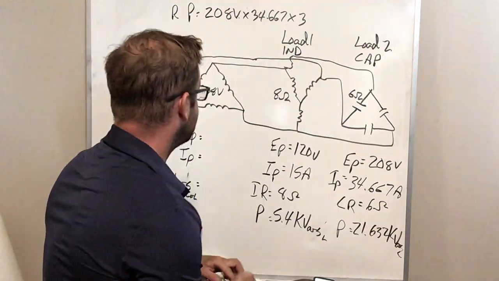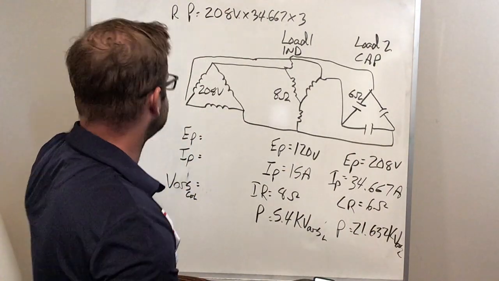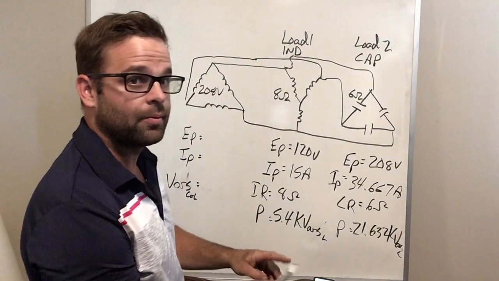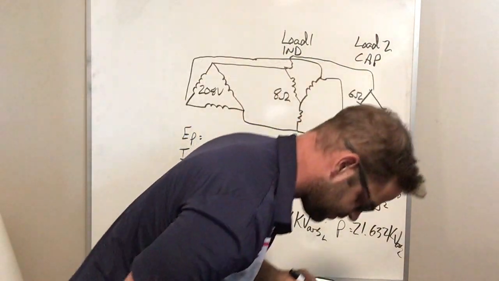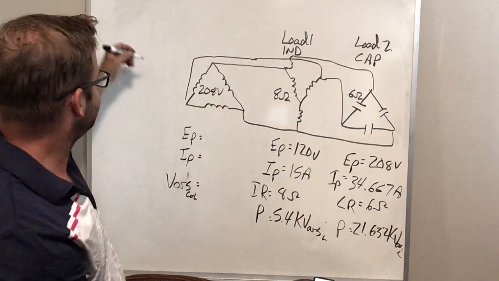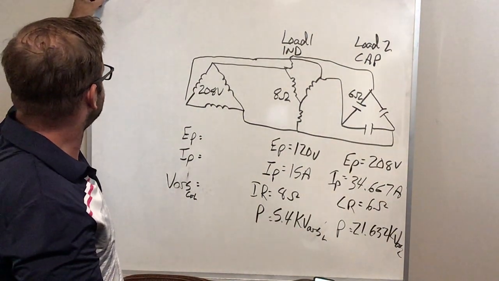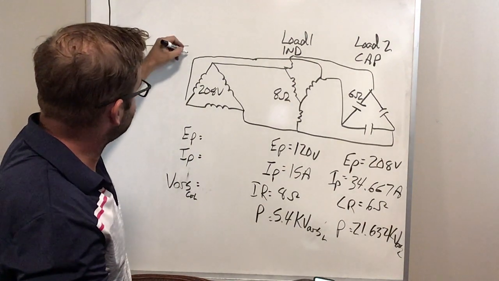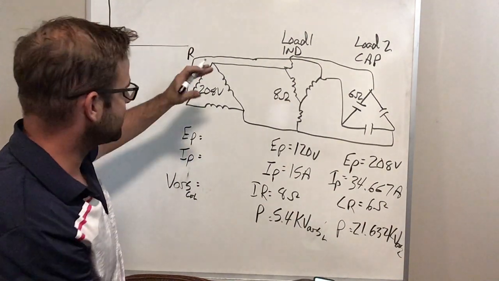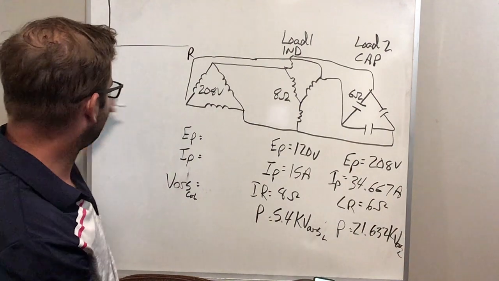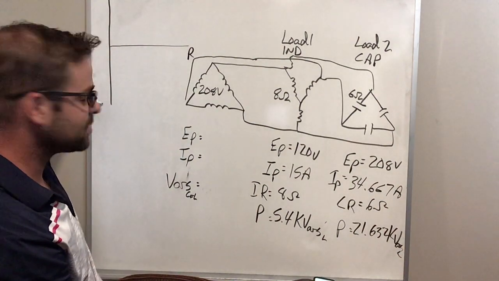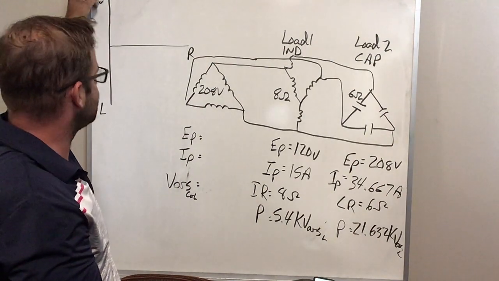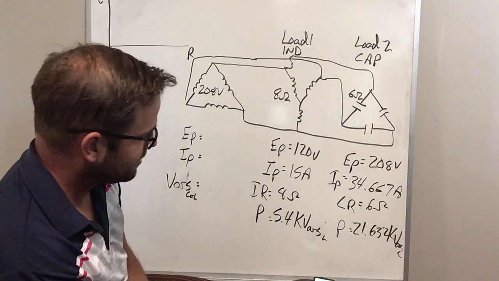But we need to graph them. And if you remember, this is resistive, and because it's in parallel, our inductive value is down here, and our capacitive value is here.